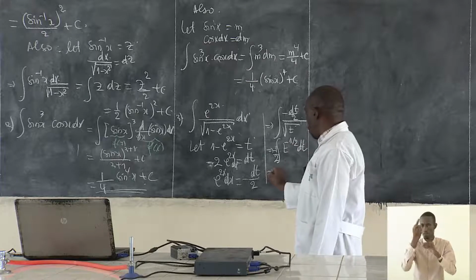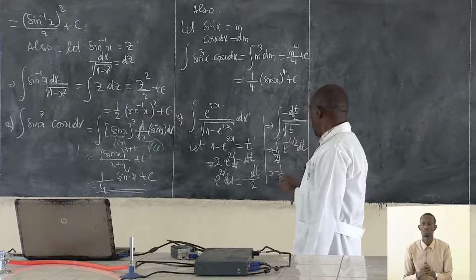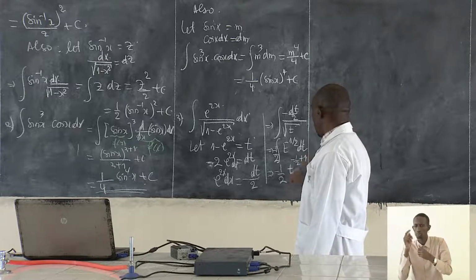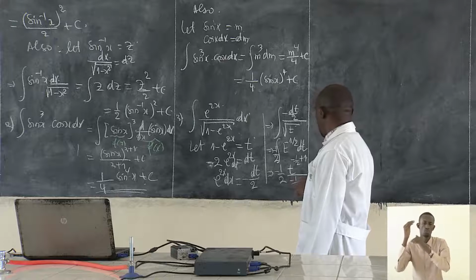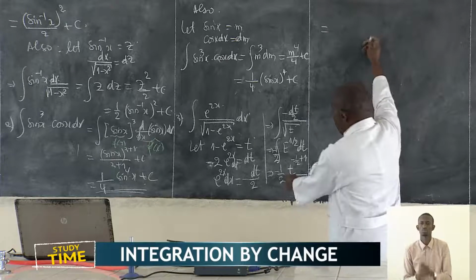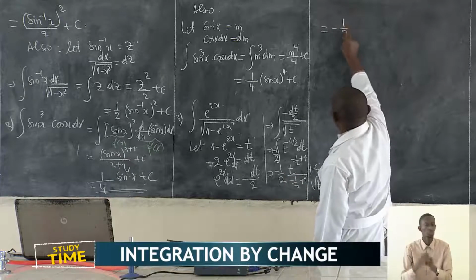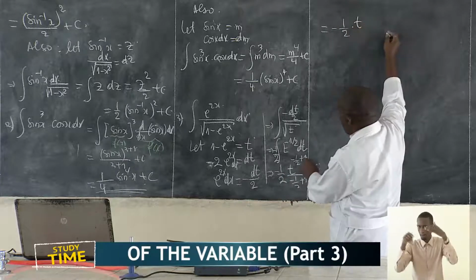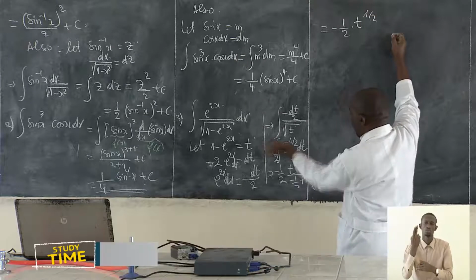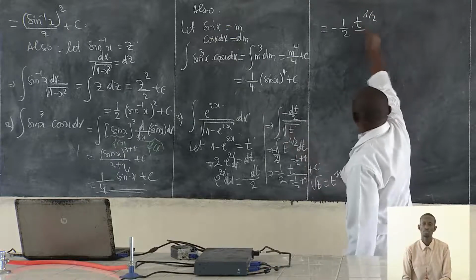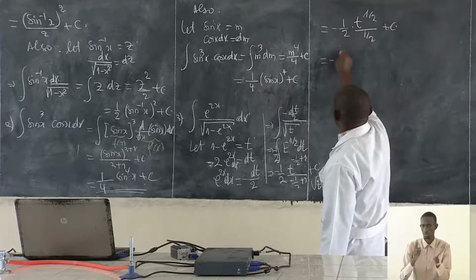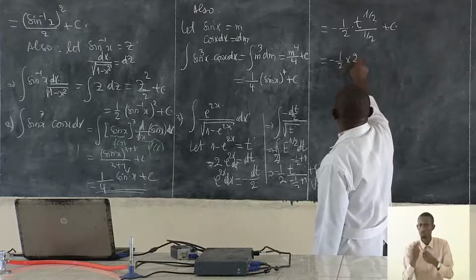So this will be equal to negative a half t power negative a half plus 1 divided by negative a half plus 1, then plus c. The answer would be negative a half t power a half, divided by a half, plus C, and you will be having minus a half times 2.